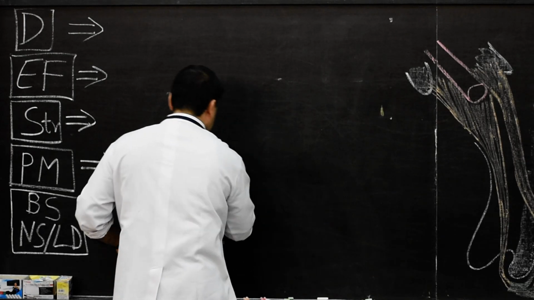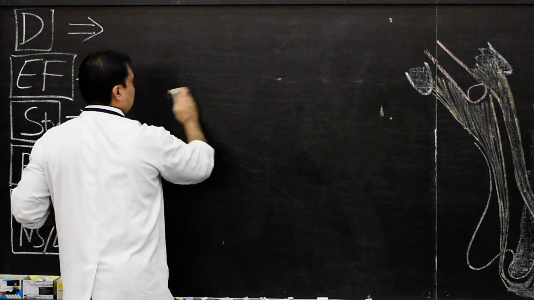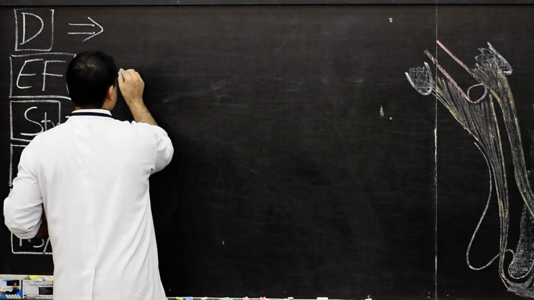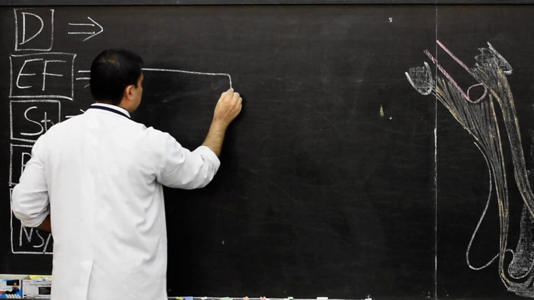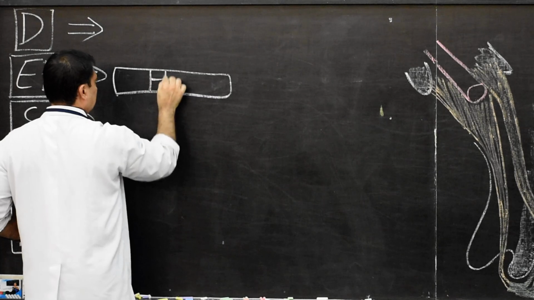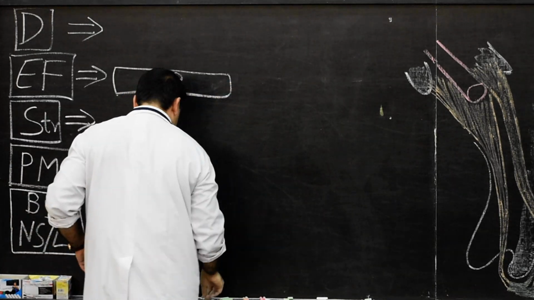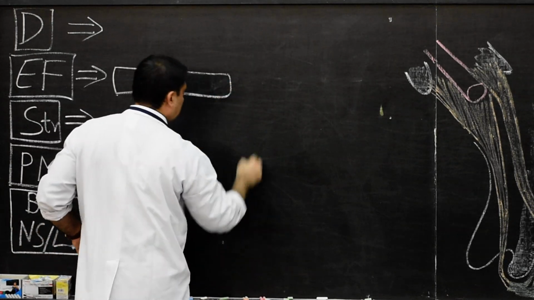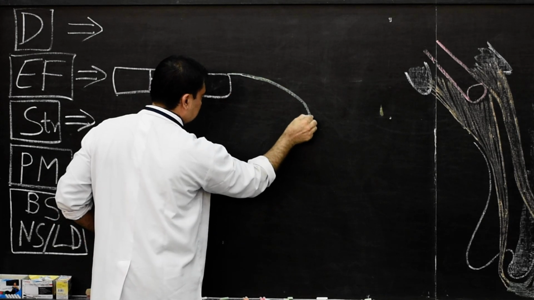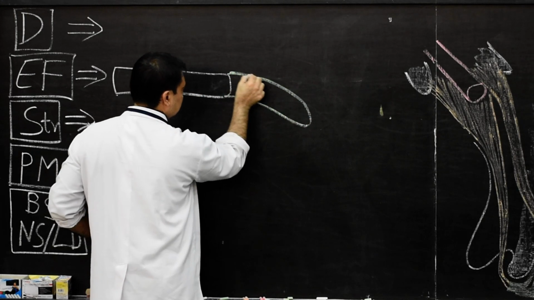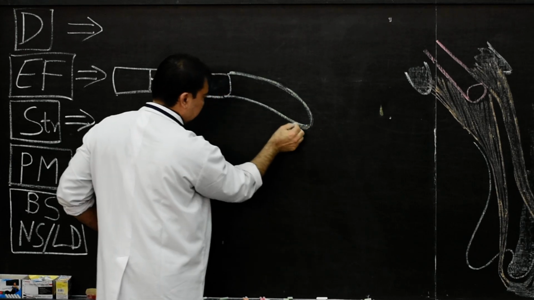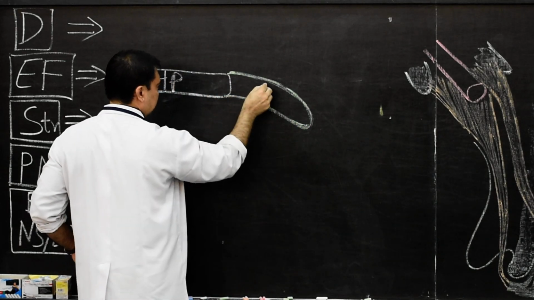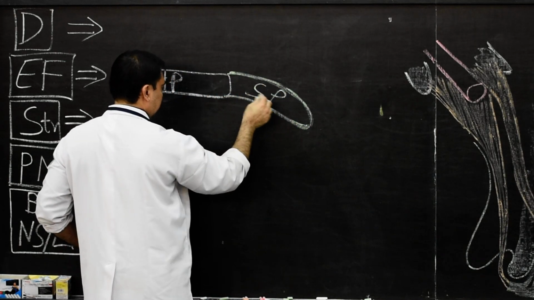palatopharyngeus muscle. Here, very simply, we will concentrate on the hard palate. This will be our hard palate, and from here we show the entire soft palate. Please draw this soft palate. This is the posterior surface, and this will be the anterior surface of the soft palate.